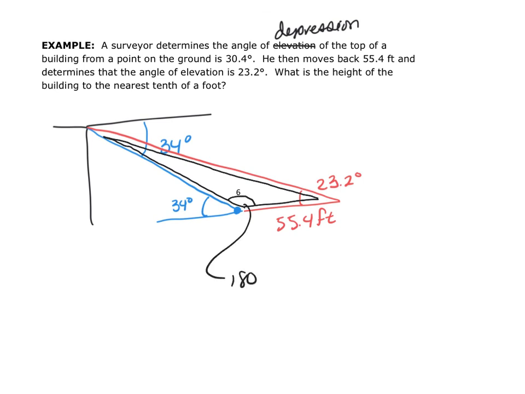must be 180 minus 34 degrees, because that 34 and that angle are on a straight line. So 180 minus the 34 is 146 degrees. So we have that angle. We have the 23.